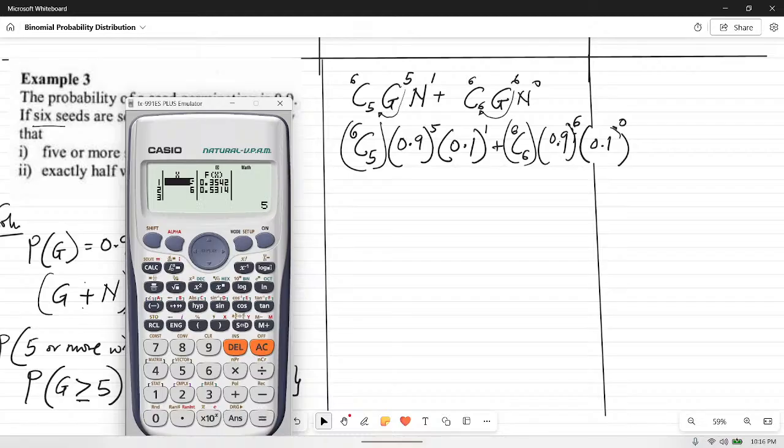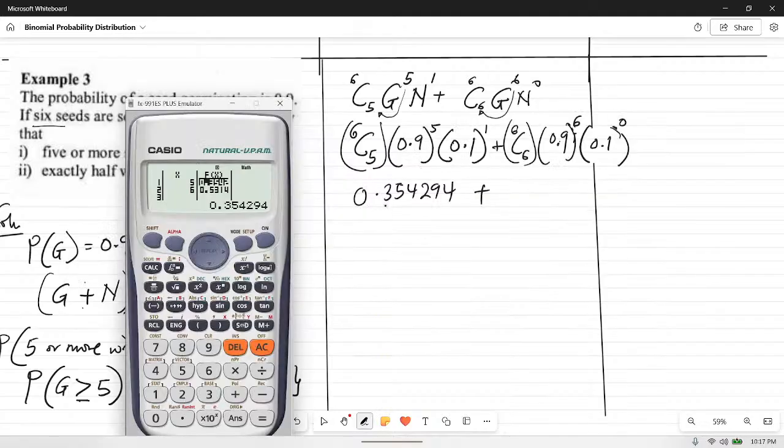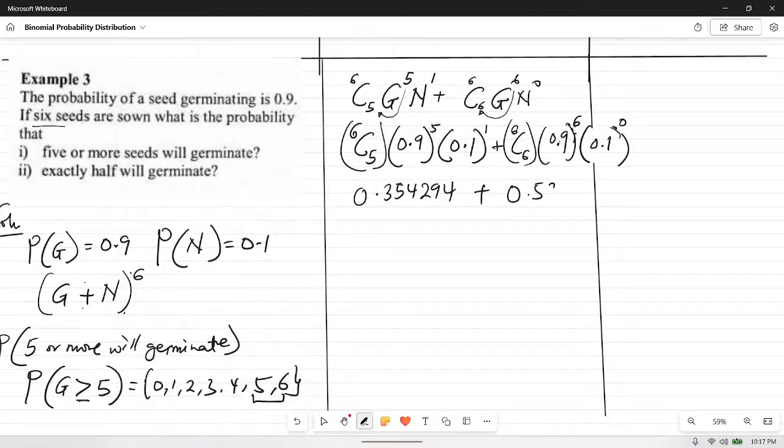So this one is 0.354294, plus the second one, 0.53441. Let's add them.